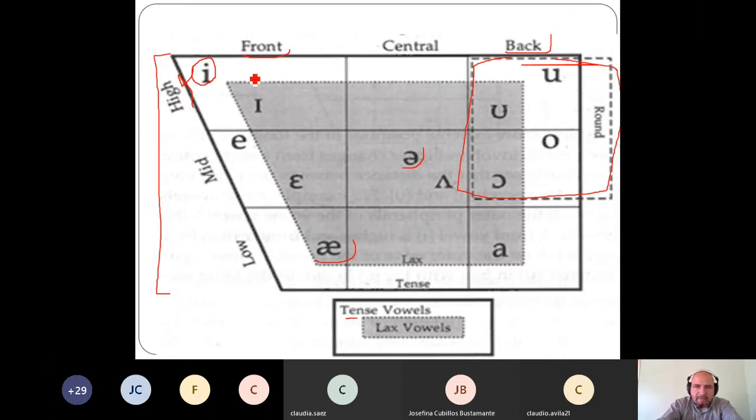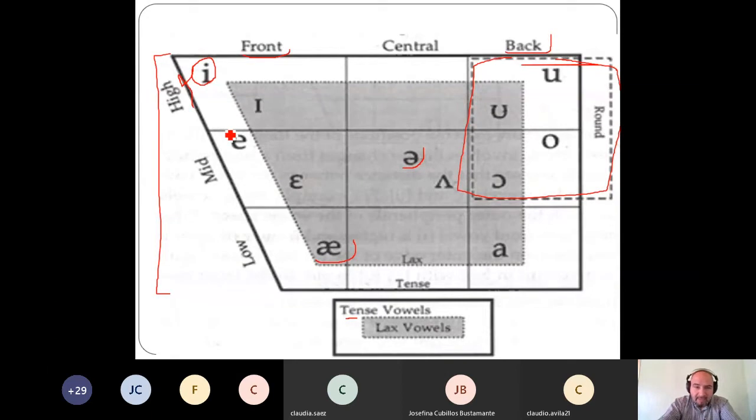So all of the vowels that are here in the gray area are lax. All of the symbols that are in the white area are representing tense vowel sounds. So when we produce E, that's going to be considered a tense vowel sound because the lips are spread. They're not relaxed. They're not lax, but they are tense. Okay.